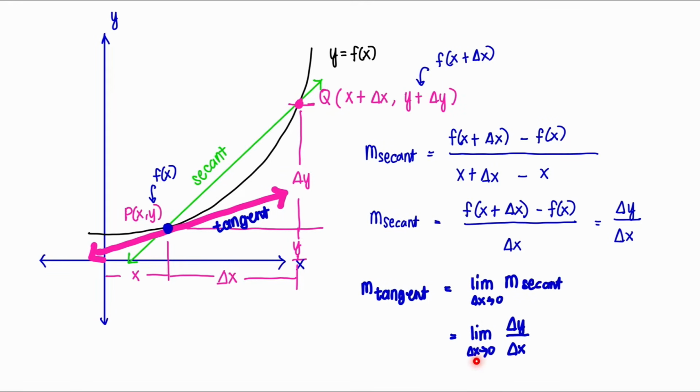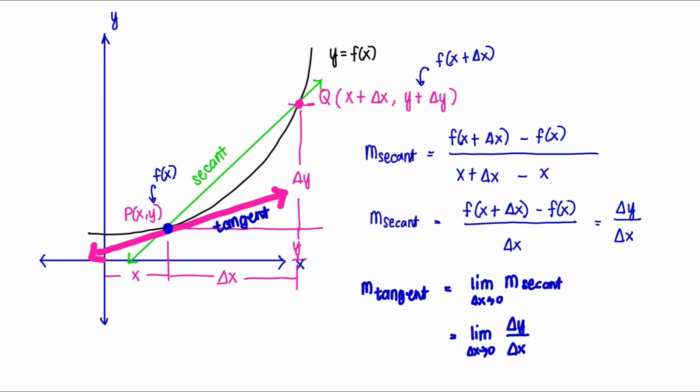We can see here that delta x would just be approaching 0 because this denominator right here cannot be 0. Because if this is 0, this would be undefined. This limit of delta y over delta x as delta x approaches 0 is the derivative of the function.